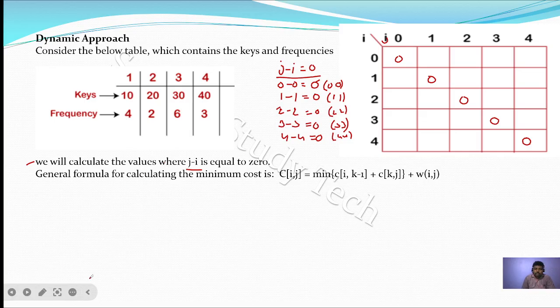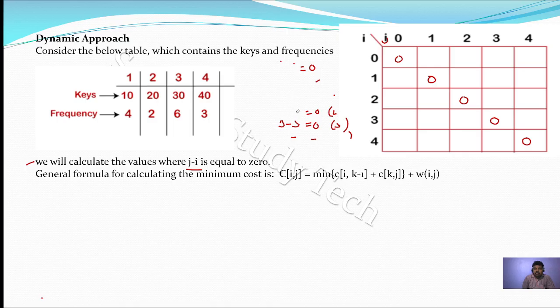Next you can find out j minus i equal to 1, which means you can consider one key at a time.